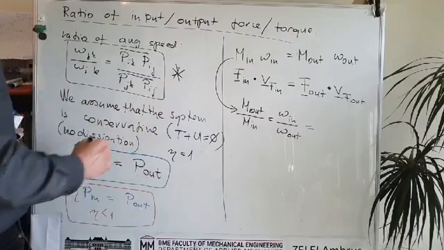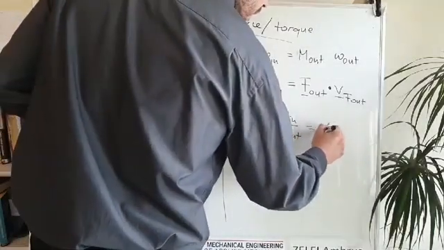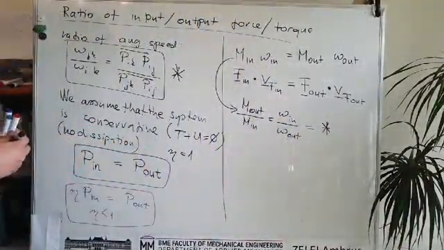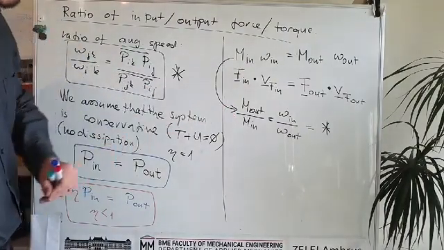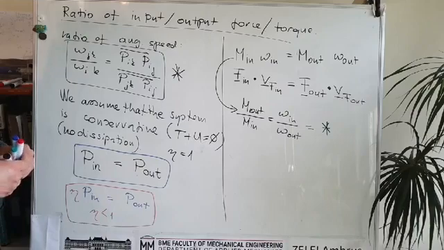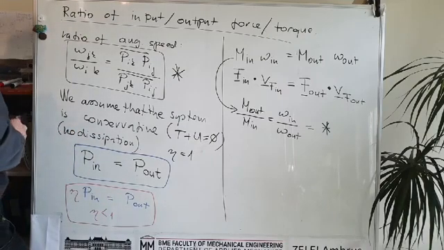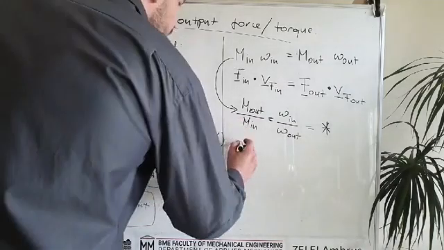So this is how it works. If you know the ratio of the angular speed, you can easily compute the input and output torque ratio, and this goes similarly to the forces.